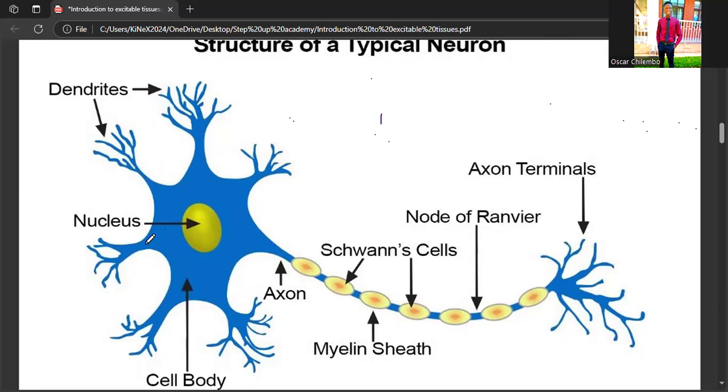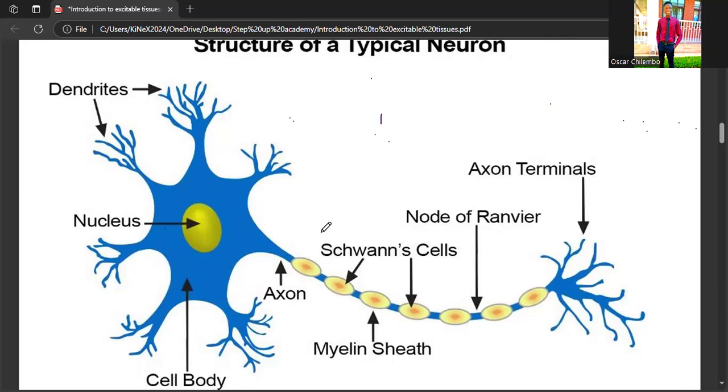The function of the nucleus here is just to control the activities within a neuron. Then we have the axon terminals, which are the nerve endings. They transmit a nerve impulse from one neuron to another, or from a neuron to a muscle, any effector organ, I can say.